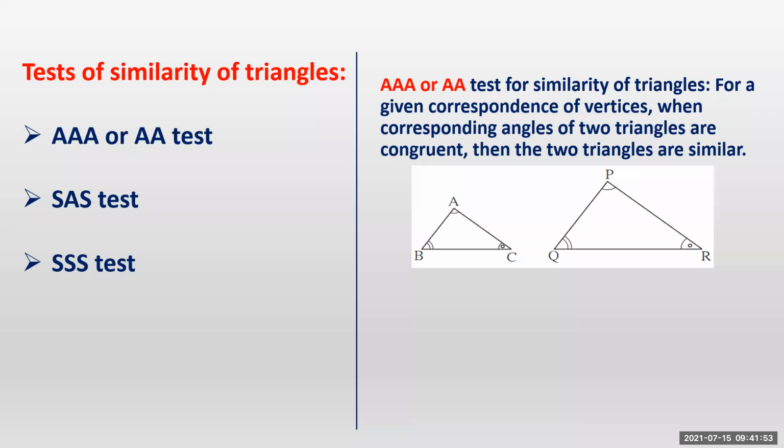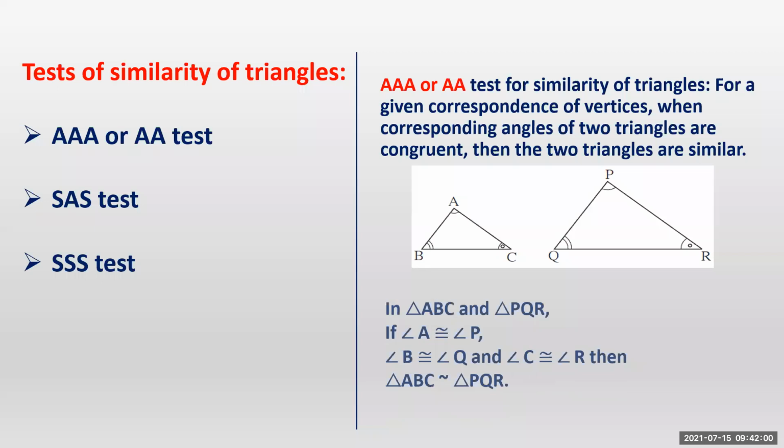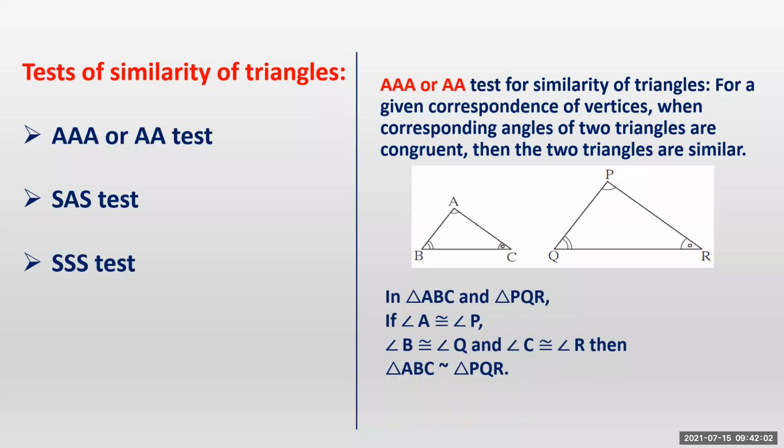Triangle ABC and triangle PQR. If angle A is congruent to angle P, angle B is congruent to angle Q, and angle C is congruent to angle R, then triangle ABC is similar to triangle PQR.